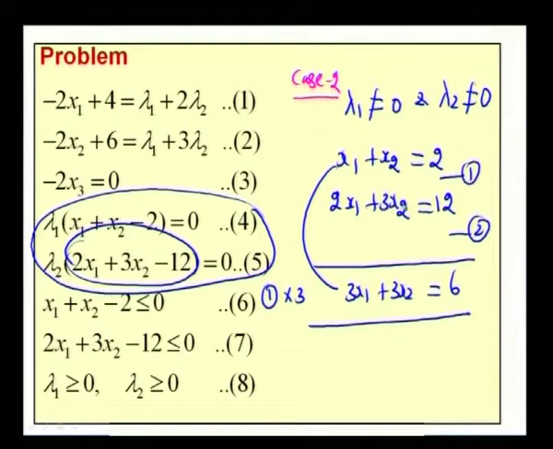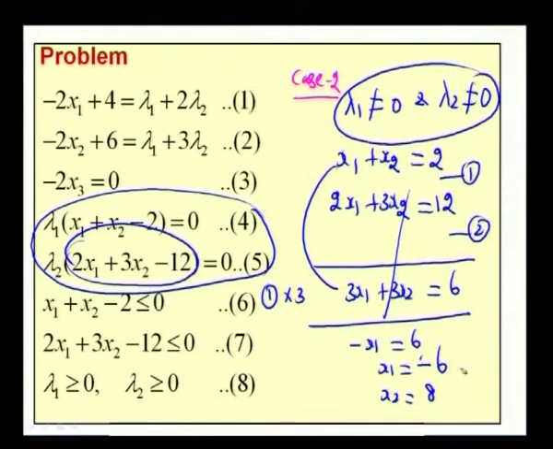Now, by subtracting, x2 gets cancelled, and we have minus x1 equal to 6, which gives us x1 equal to minus 6. With this value of x1 equal to minus 6, we get x2 equal to 2 minus of minus 6, which is 8. So, for the case of lambda 1 non-zero and lambda 2 non-zero, we got x1 as minus 6 and x2 equal to 8.